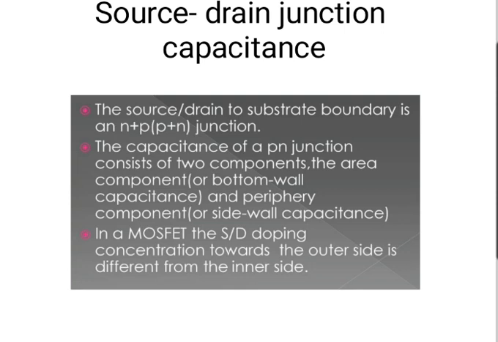The capacitance of a PN junction consists of two components, the area component or the bottom wall capacitance, and the periphery, that is the side wall capacitance. In a MOSFET, the source drain doping concentration towards the outer side is different from the inner side.